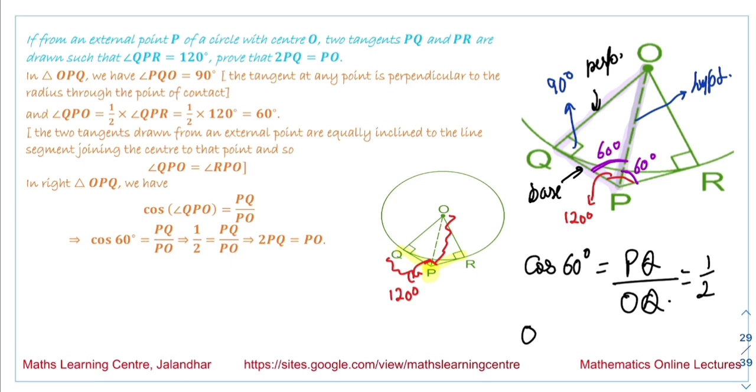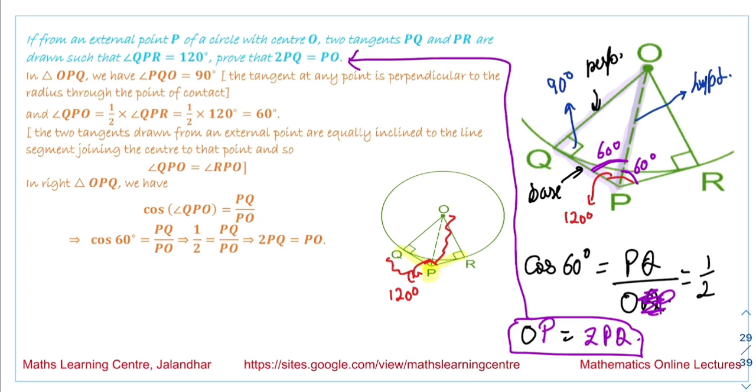So we get that, we are talking about base over hypotenuse, it is not OQ, it is OP. So what we get is that this OP is equal to 2 times PQ, and this is what we have to do.